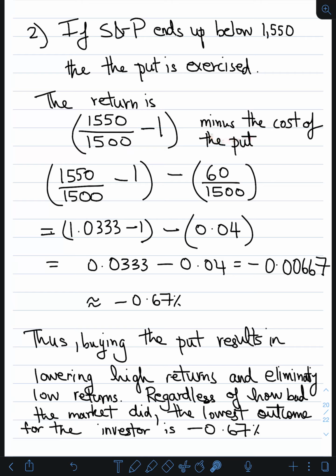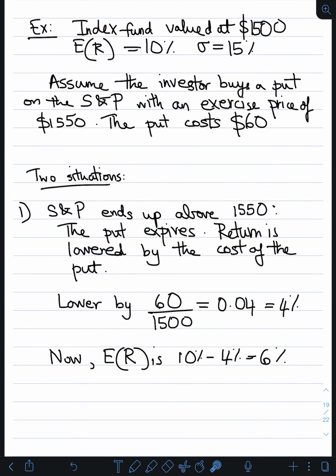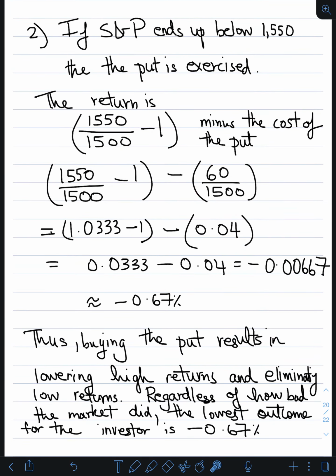Just to keep in mind, the textbook has a little typo. They write 1500 over 1500, but it's supposed to be 1550. So it's 1550 over 1500 minus 1, minus the cost of the put we just calculated, which was 60 over 1500. 1550 over 1500 is 1.033, minus 1.